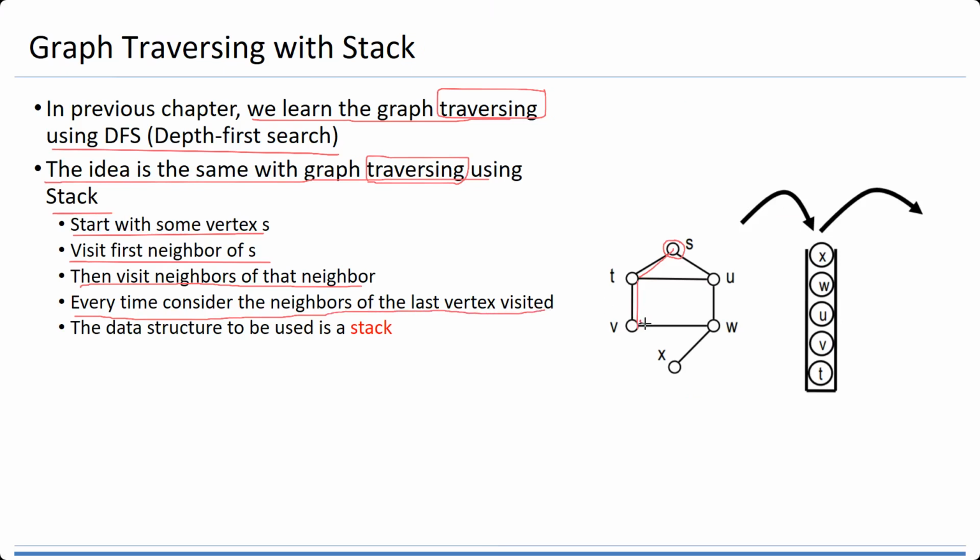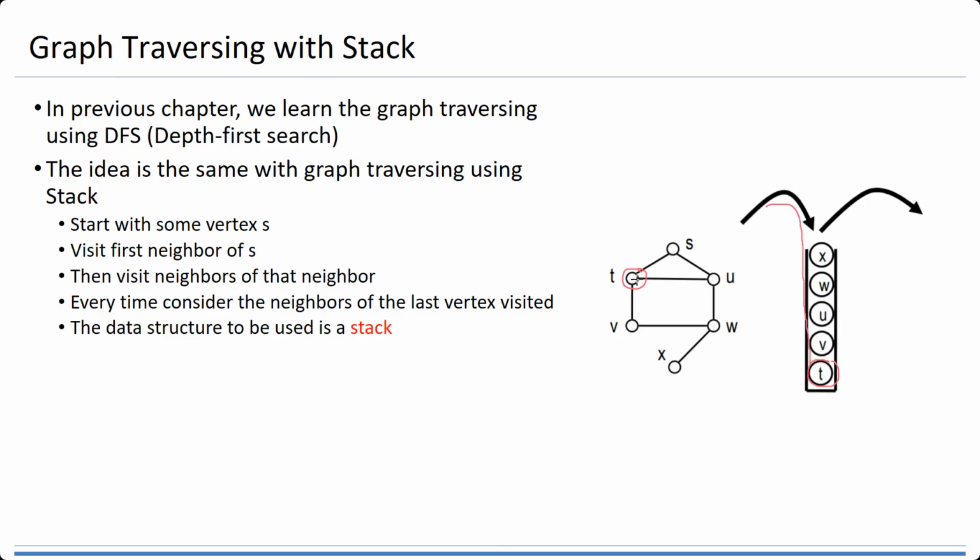So you can consider, let's say, after V, you visit the neighbor of T, which is U. You visit the neighbor of U, which is W. And then you visit the last vertex, which is X. Then you can put, let's say I consider the first vertex, which is T. Then I put into the stack.